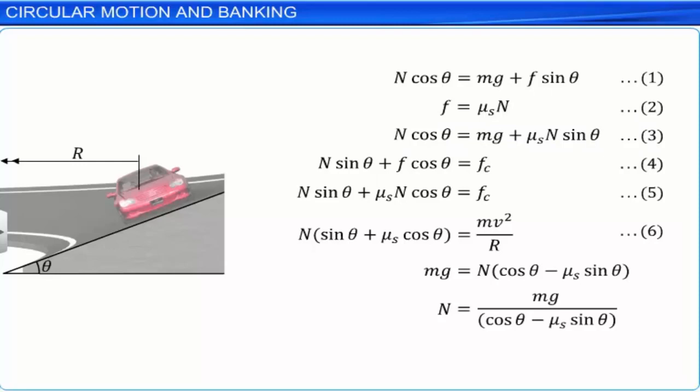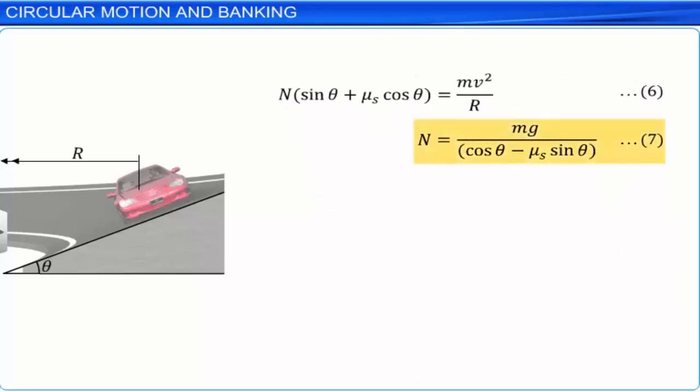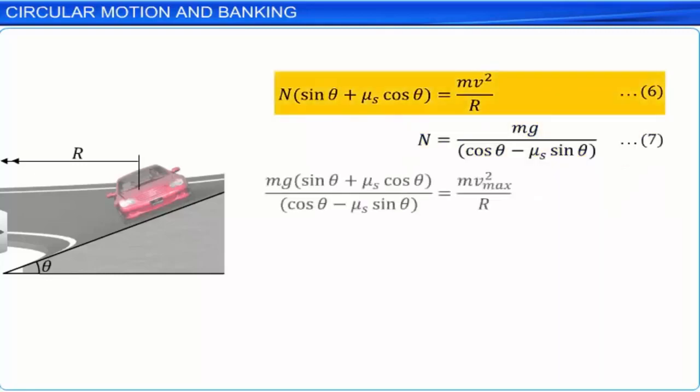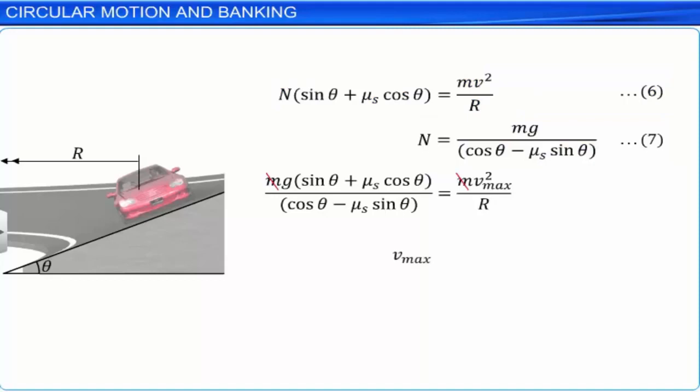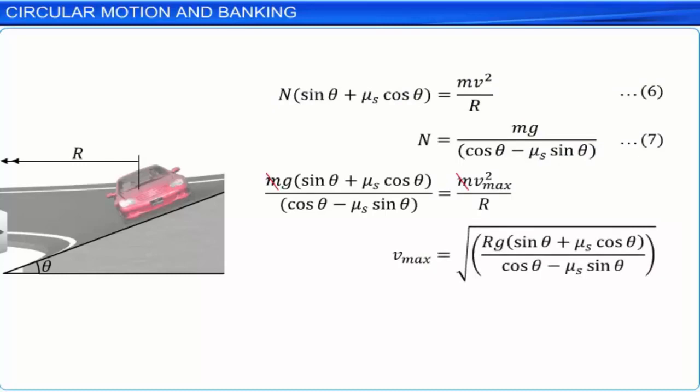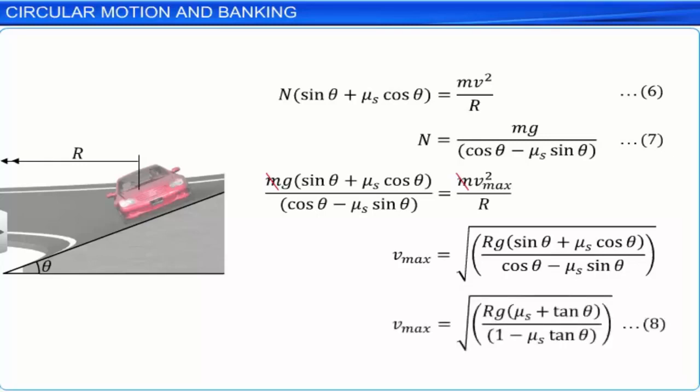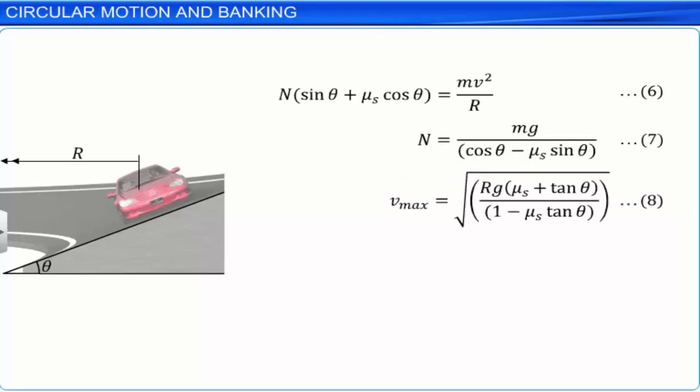Let us call this equation 7. Substituting equation 7 in equation 6 and solving, we get the maximum velocity, Vmax, as shown. Now, dividing all the terms on the right-hand side with cos theta, we get equation 8 as shown. If the frictional force is negligible, the maximum velocity, Vmax, is equal to the square root of r g tan theta.